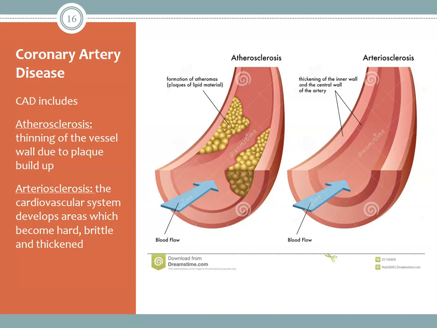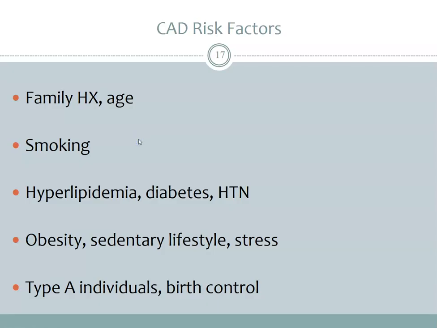So because it becomes thickened, the blood doesn't flow very well through there as well. So they're both blood impediment based on different reasons. So obviously how we treat that is different. And we're going to get into that.